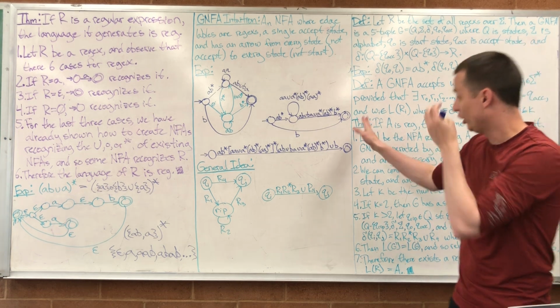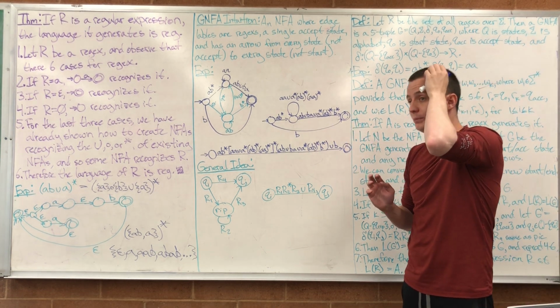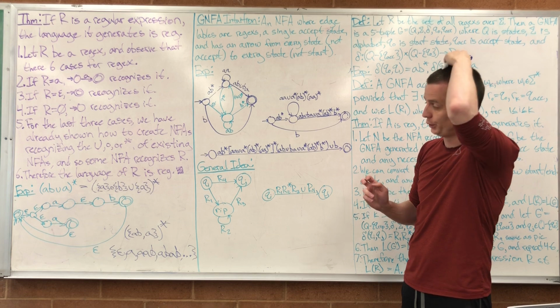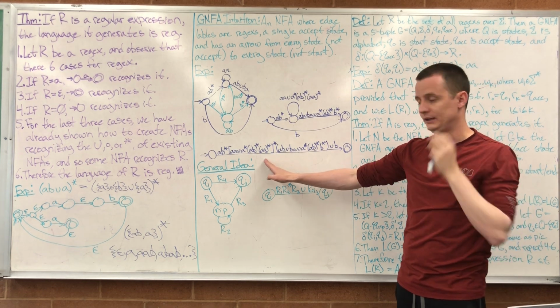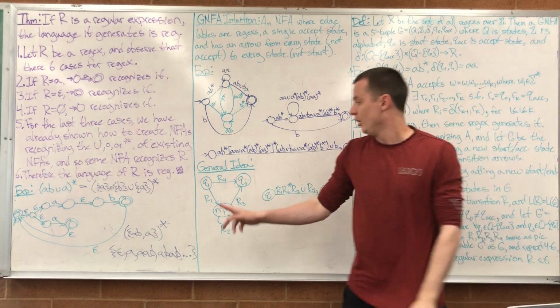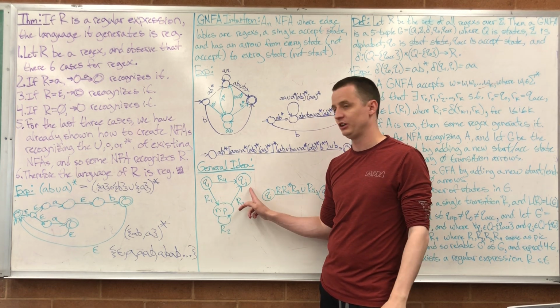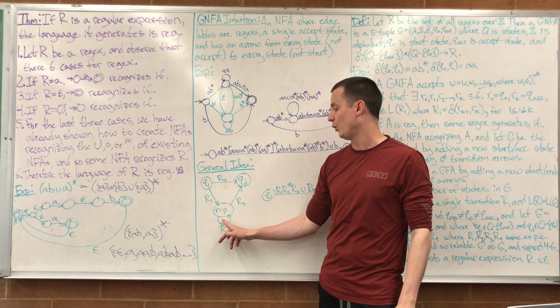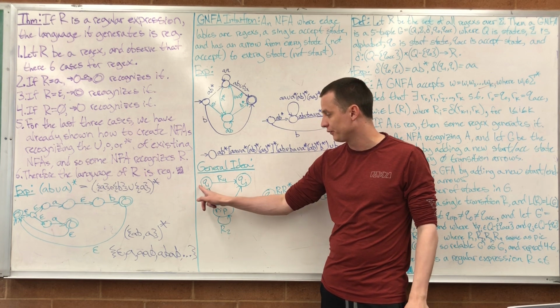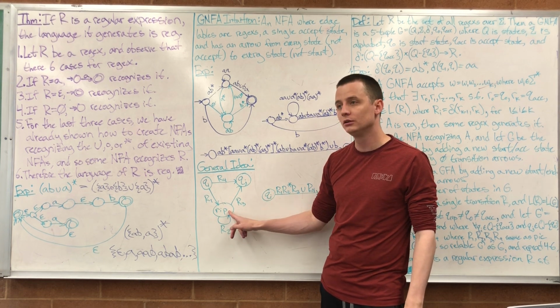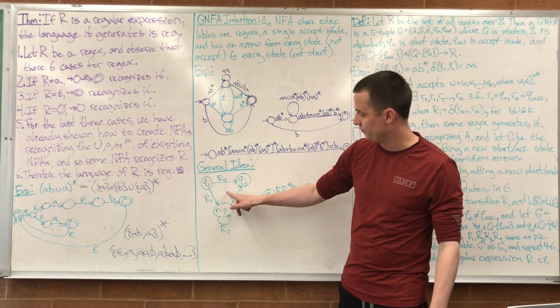Okay, so there's an example of ripping states out of the machine, so hopefully when we talk about it in the proof it makes sense to you. Here's a general idea. For any 2 states in my GNFA, Q sub i and Q sub j, and then some other state I want to rip out that you can get from Q sub i to Q sub j through, here's a picture before.